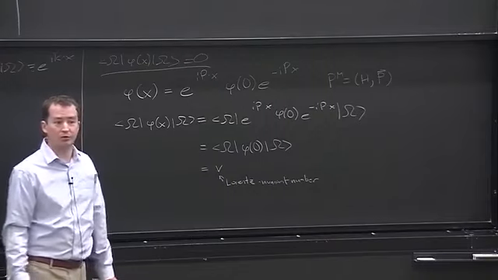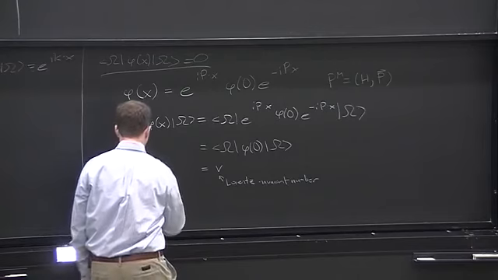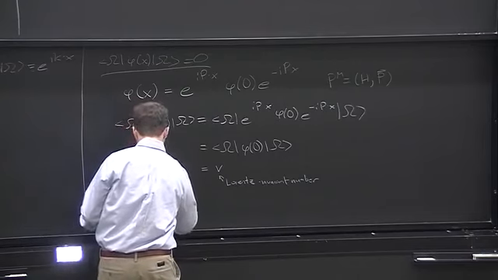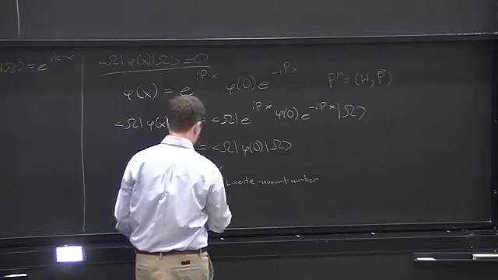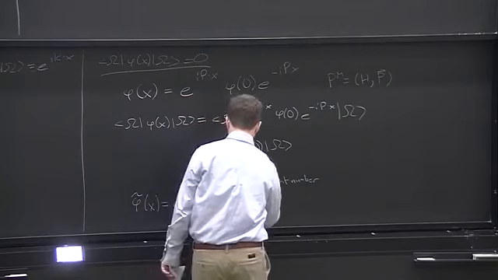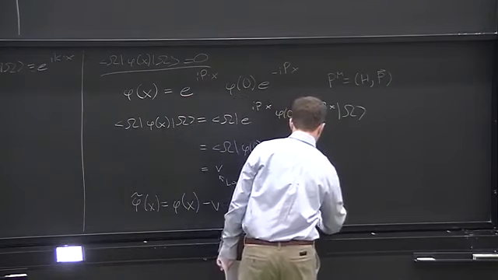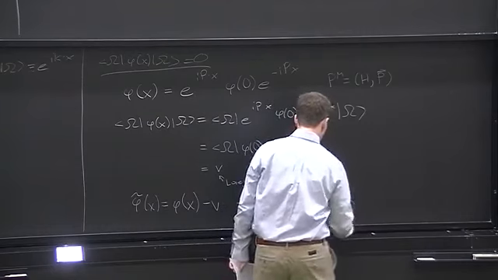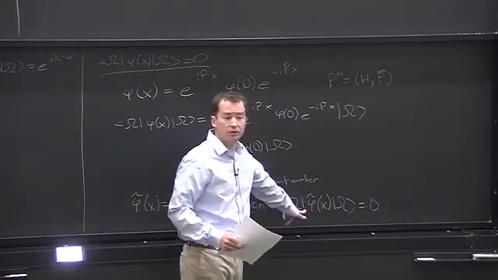We can just redefine our field operator. So if we define some new field operator, which is our old field operator minus v, then the vacuum expectation value of our new field operator vanishes.